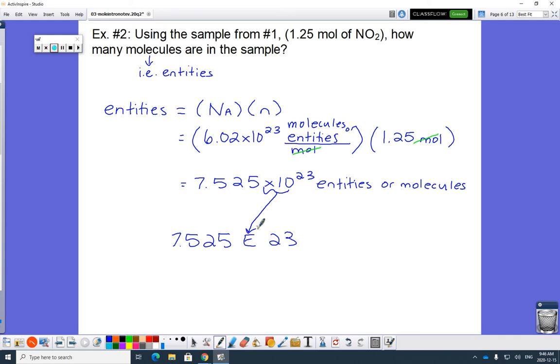So again, really get to know your calculator, use the same one every single time so that you're not super frustrated. Okay. So even this one, as long as you remember what Avogadro's number is, this isn't too bad. If you know how to use your calculator, not so bad.